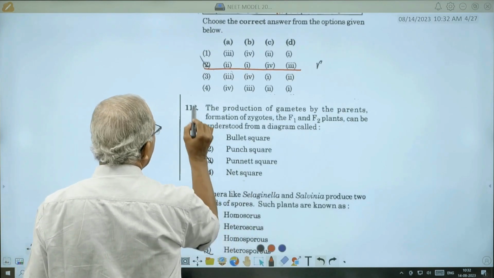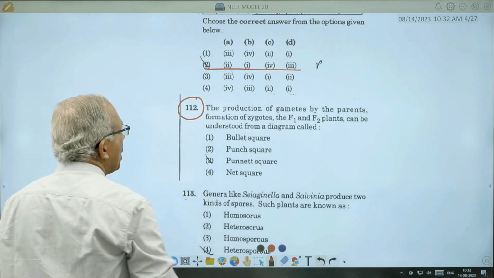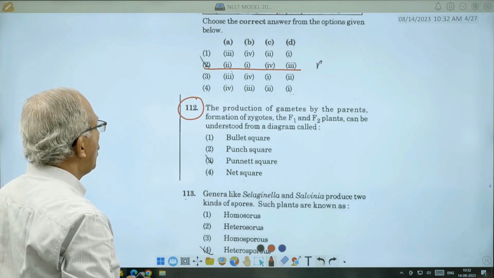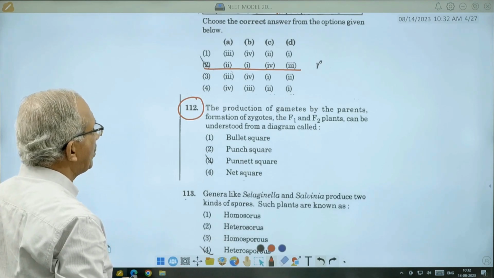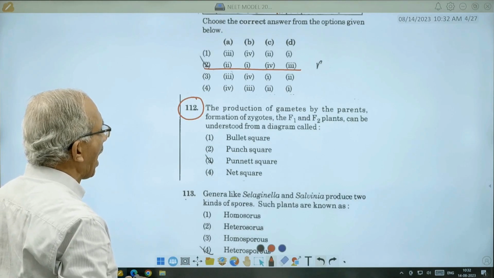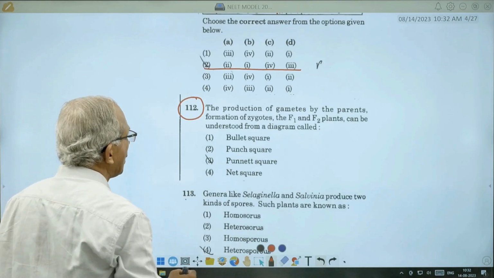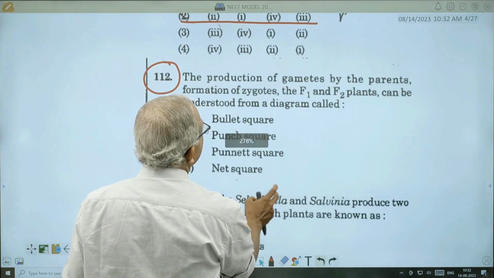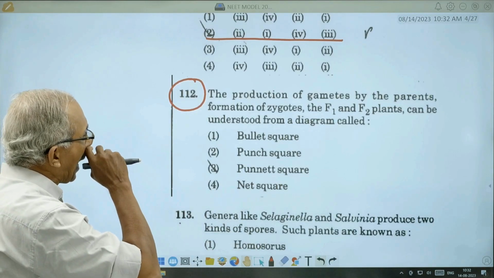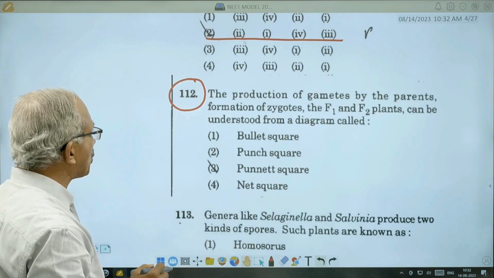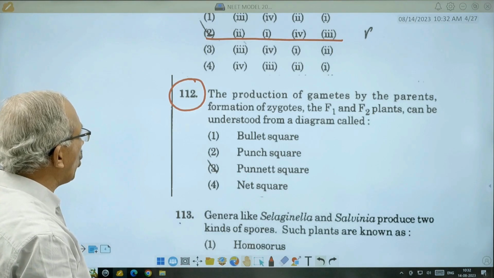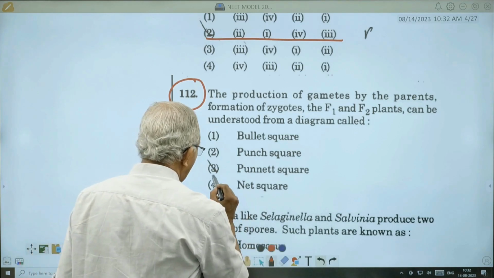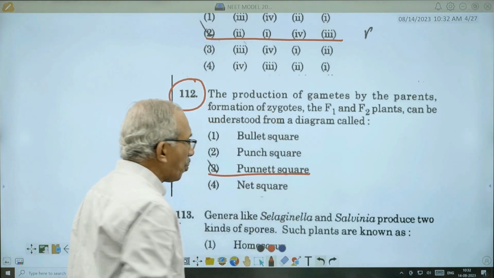Next botany question is 112. Production of gametes by the parents, formation of zygote, F1 and F2 plants can be understood from the diagram which we use to represent formation of zygote, F1, F2, etc. The diagram is called Punnett square.